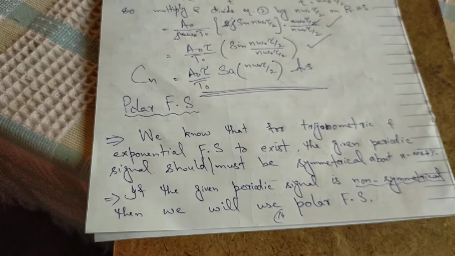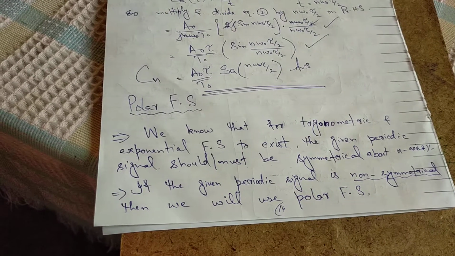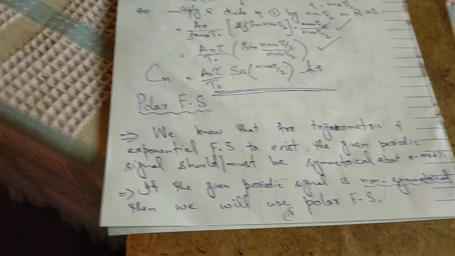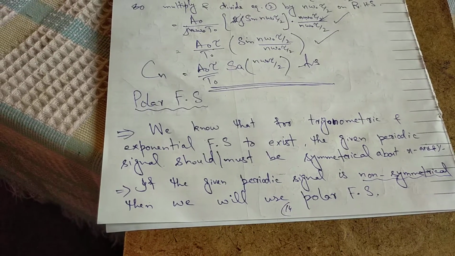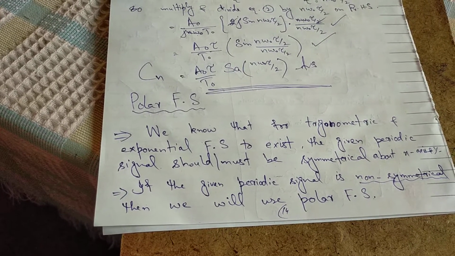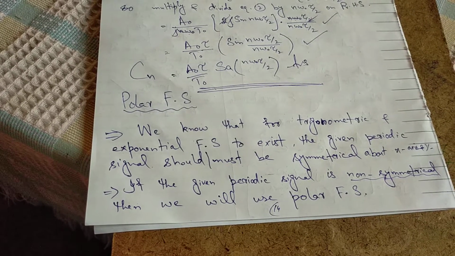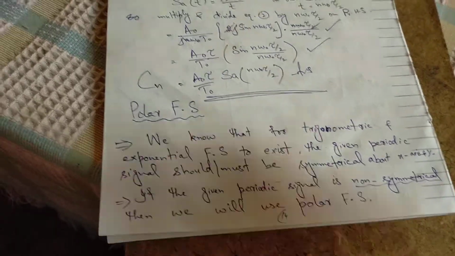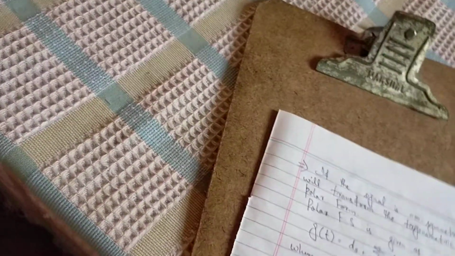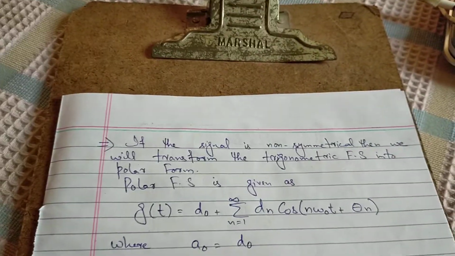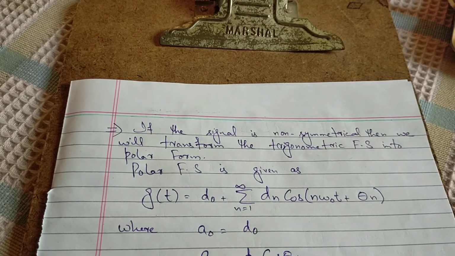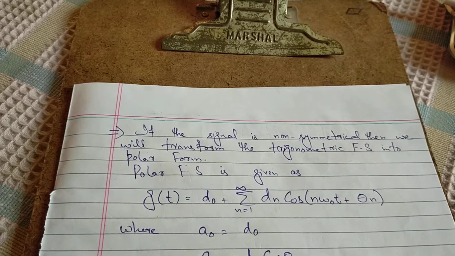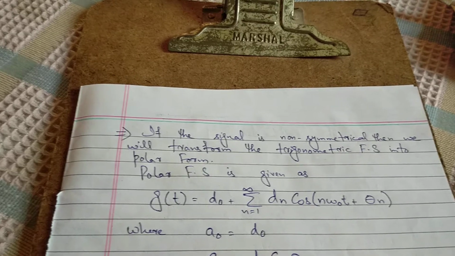In the other case, if the given signal is periodic but it is not symmetrical about its x-axis, then we will use the polar Fourier series. If the signal is non-symmetrical, then we will transform the trigonometric Fourier series into polar form.